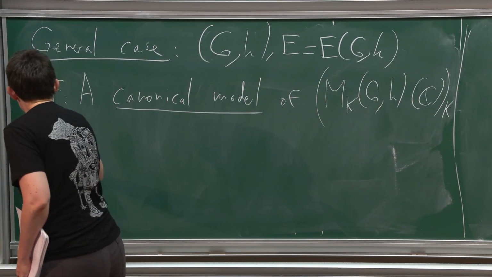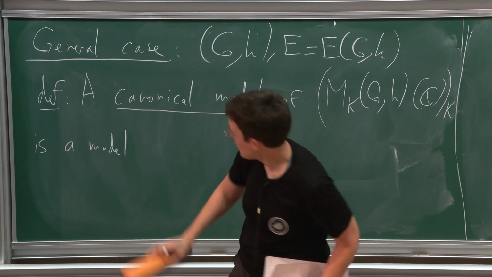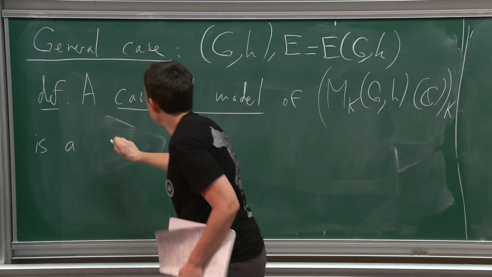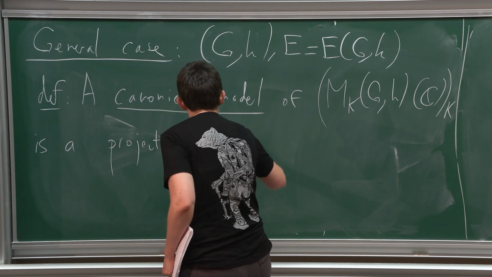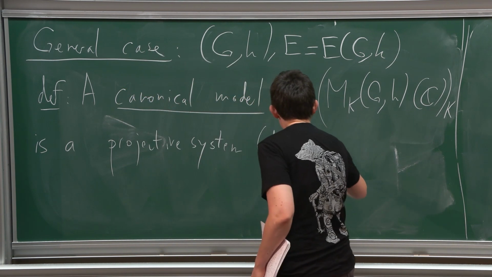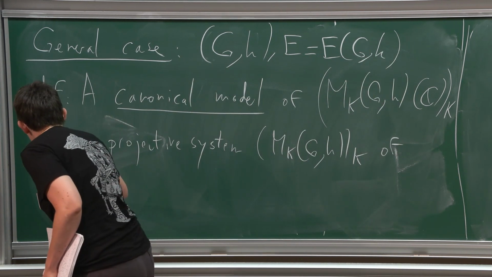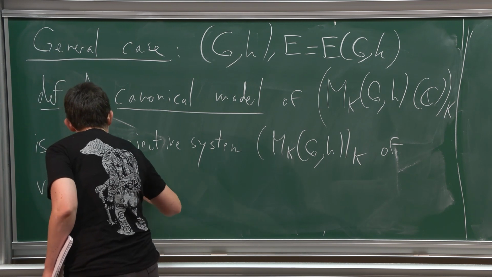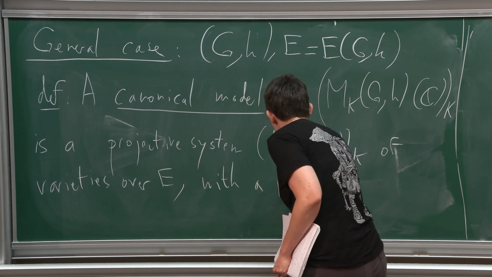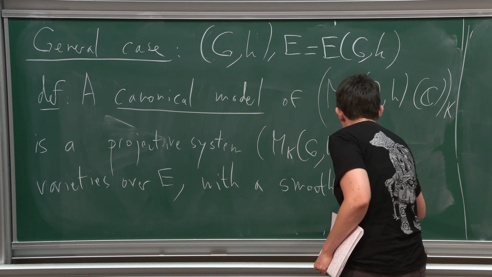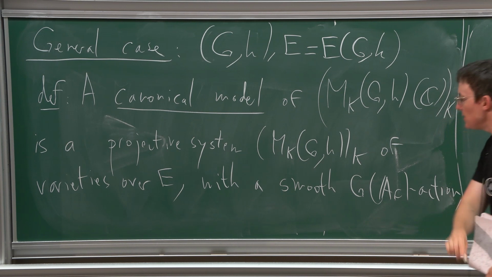So it's a projective system MK GH of varieties over E with what Lyon calls a smooth action of G(A_f).